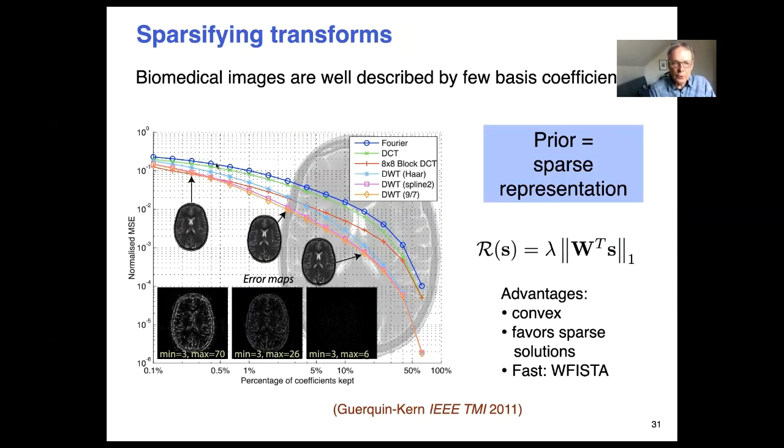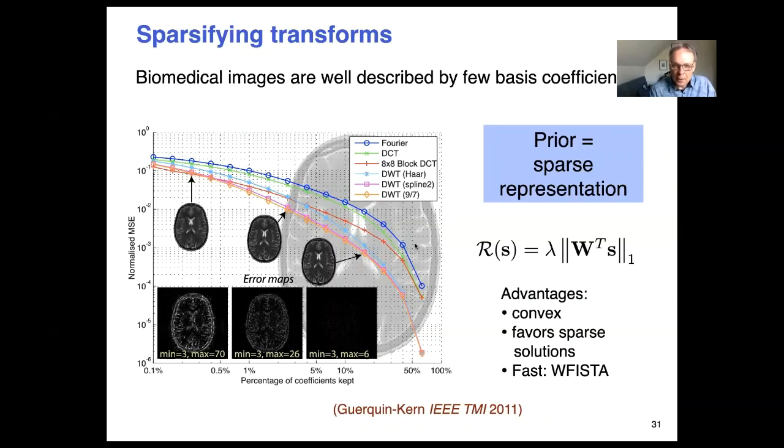If you keep more or fewer coefficients, of course you will have a degradation of the quality of the image. So here we are measuring the error. If you have very few coefficients, you have a huge error, and as you take more and more coefficients, the error goes down.